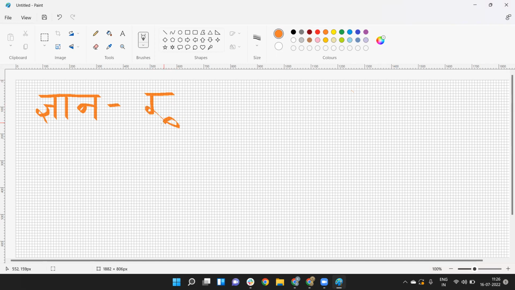This is Gya. Now A. Extend the Shirorekha on the right hand side. Then this triangle. See the Shirorekha on the right hand side, it's extended from here. And then Na. This is Gyan. Is it a conical triangle at the end? No, it's a little softer one. Like this.